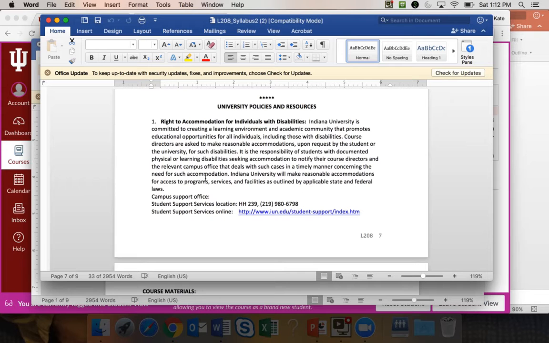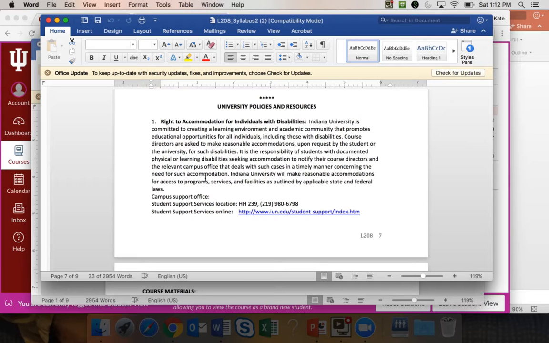So as a course director, as a professor, I am happy to make reasonable accommodations upon request by my students or by the university for disabilities. However, it's your responsibility if you need accommodations to seek them basically by providing documentation either to me or to the student support services office.